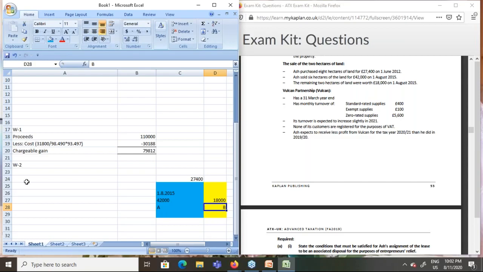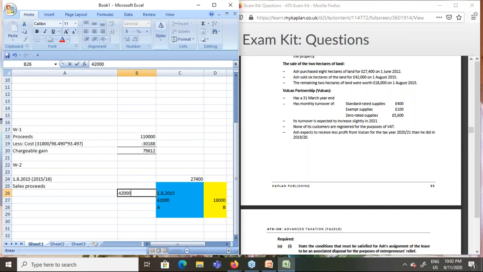Now, at this point, you need to do a part disposal computation for part A. For 6 hectares, what is the chargeable gain? So on the 1st of August 2015, that is during the tax year 2015-16. Sales proceeds, how much? 42,000 pounds.